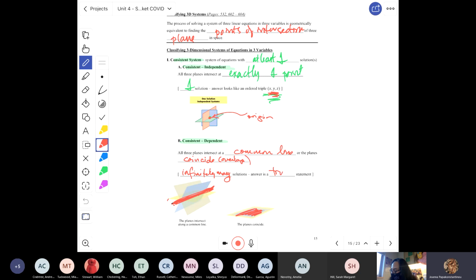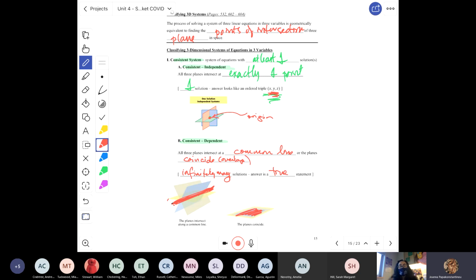So where do you recognize when you have infinitely many solutions? Well, when you're solving a system, if you can get a unique X, Y, and Z value, you have the point where the three planes intersect.